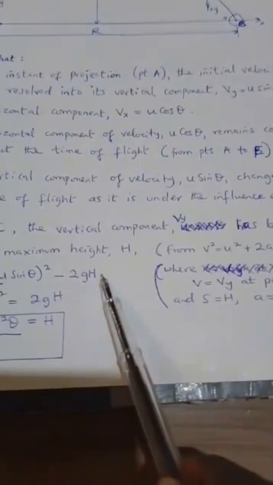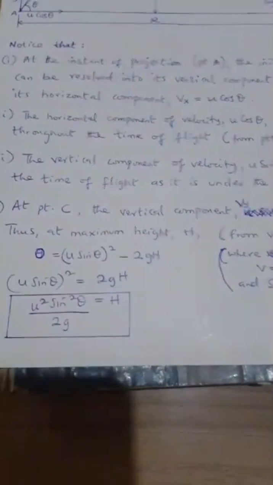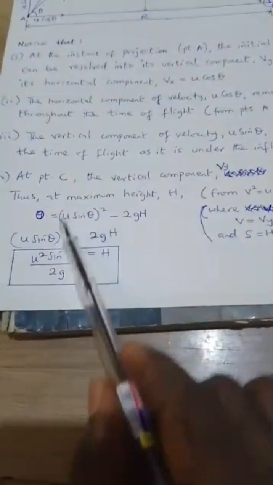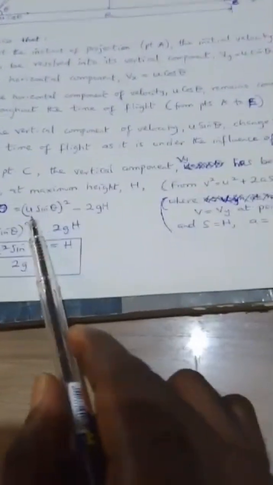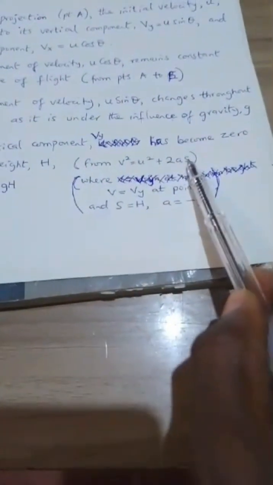This is our vertical distance, okay? So that's how it goes. With the third equation of motion, we're trying to find the vertical distance s, the maximum height, so s is now h.